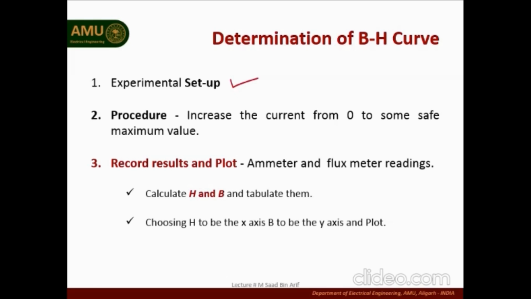As far as the experimental setup is concerned, first of all, a sample magnetic circuit with the given material is fabricated with known dimension and number of turns. Let us say that we have a material.